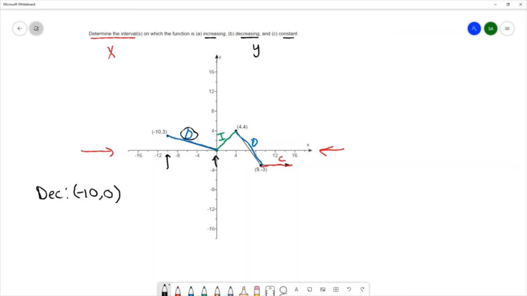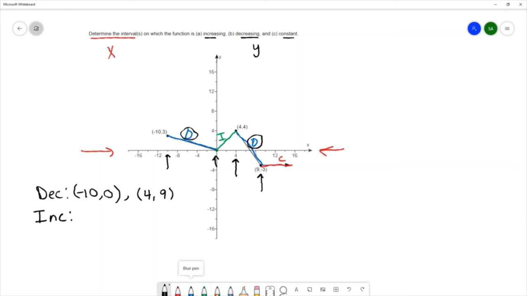So we have another decreasing interval here, and that decreasing interval starts at this x value and ends at this x value. So the next decreasing interval is from 4 to 9. And then we have an increasing interval.